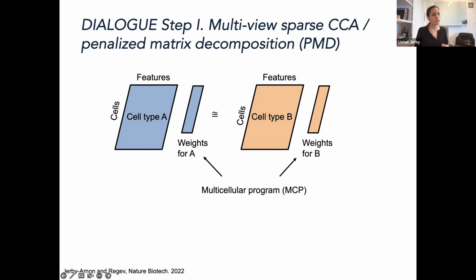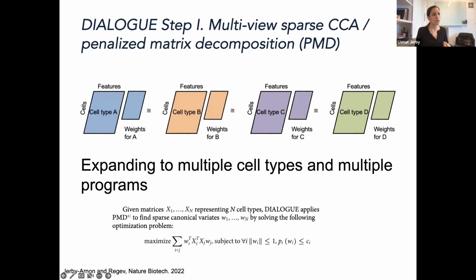And we're going to call these weights, or the genes that are most dominant in these vectors, the multicellular programs. And of course, this was just an example to show this for two cell types, but we can do this for as many cell types as we want, and we can identify multiple multicellular programs. And this is just the way that it is formulated mathematically.